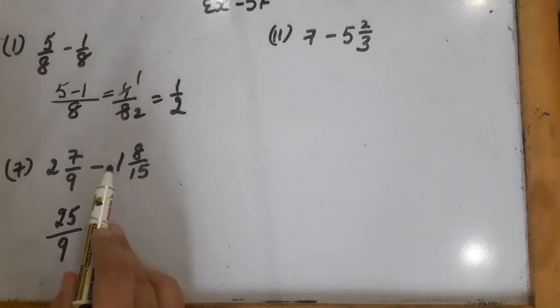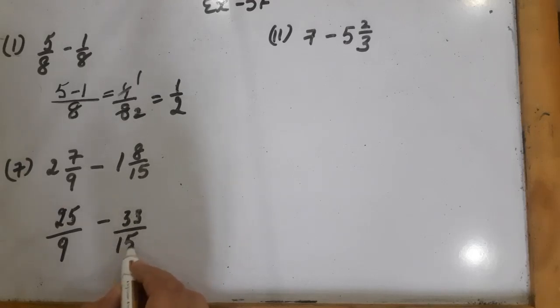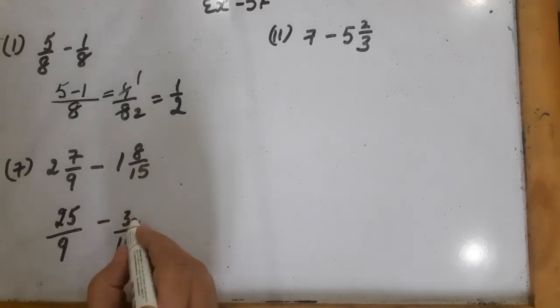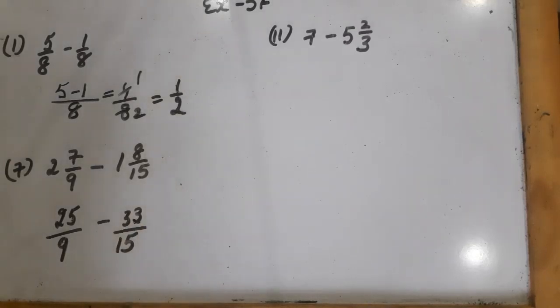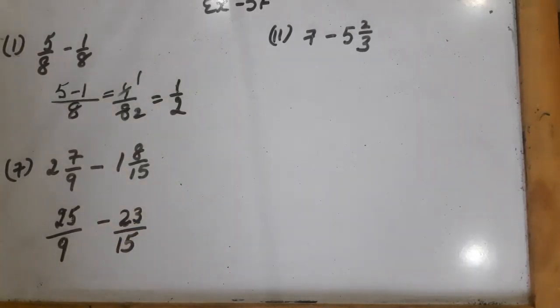And 15 ones are 15 and 8 is 23 upon 15. Now, as you can see, both are unlike fractions. So, I have to convert them into like fractions by taking out a common denominator for them.